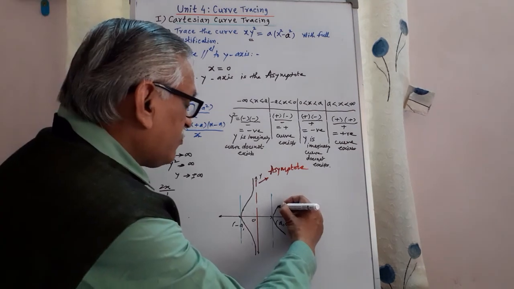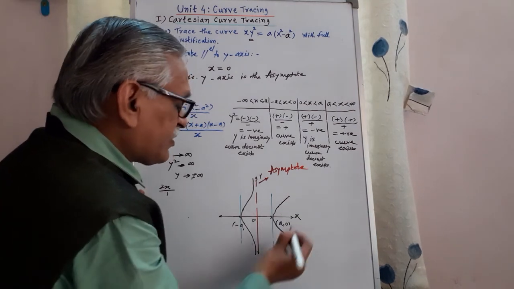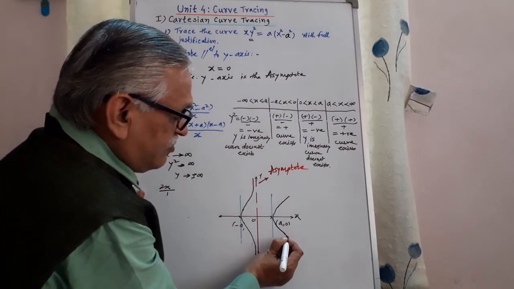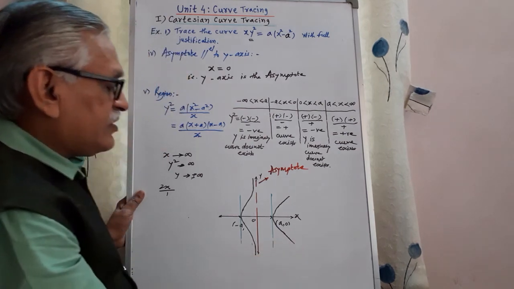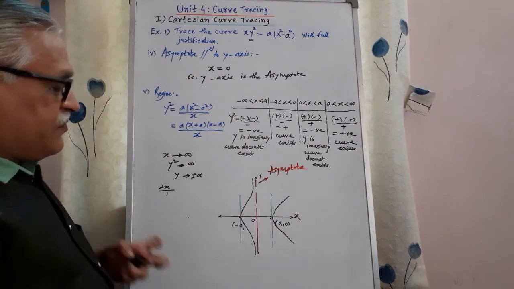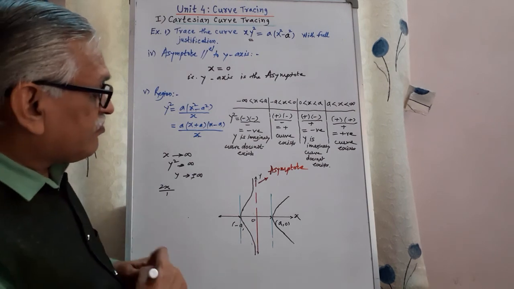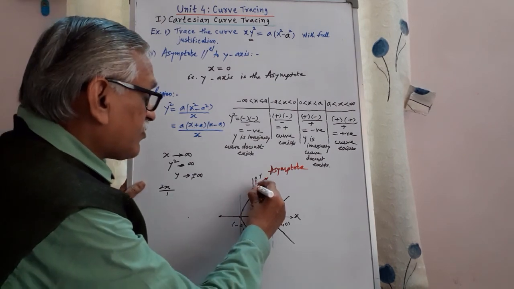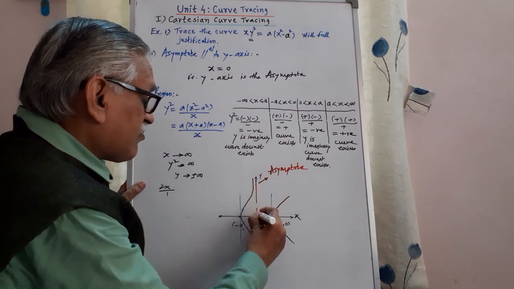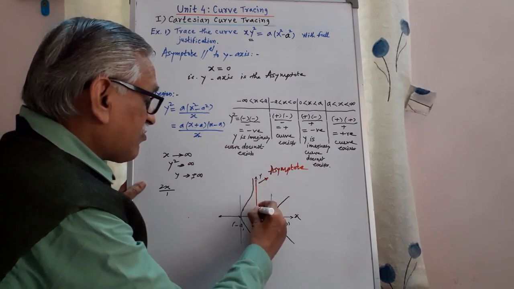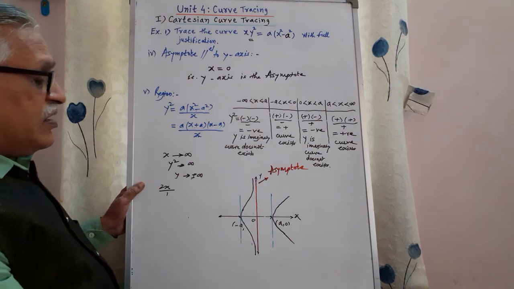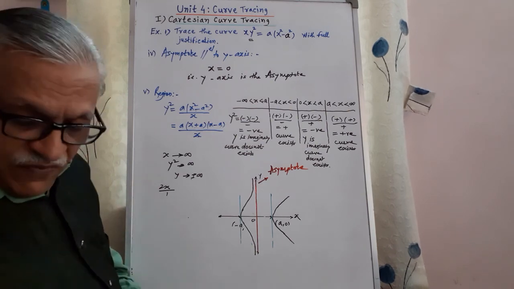Y tends to plus infinity, and y tends to minus infinity. We get this type of curve. Okay, this is the required figure.